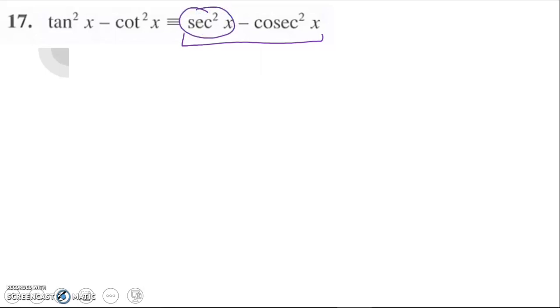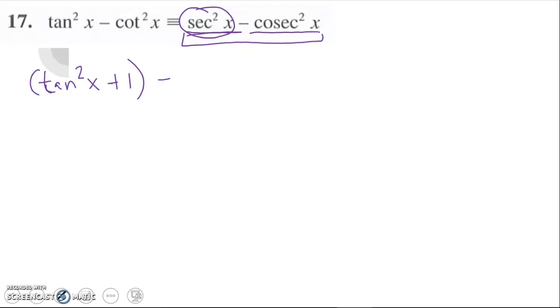That's equivalent to tan squared x plus 1. I'm replacing that for secant squared x. And then, of course, I have cosecant squared x minus 1.